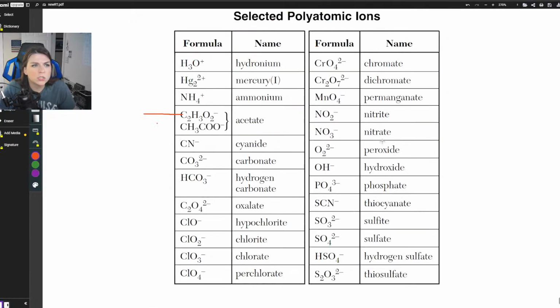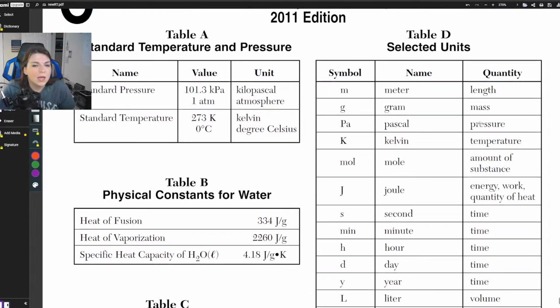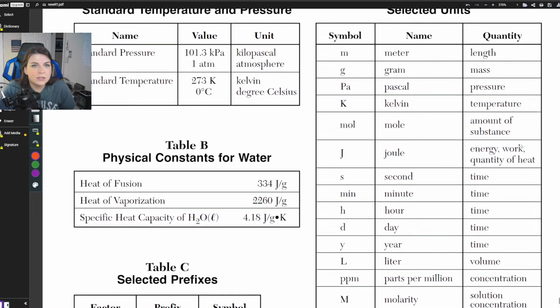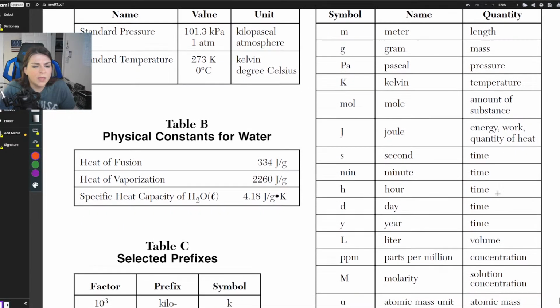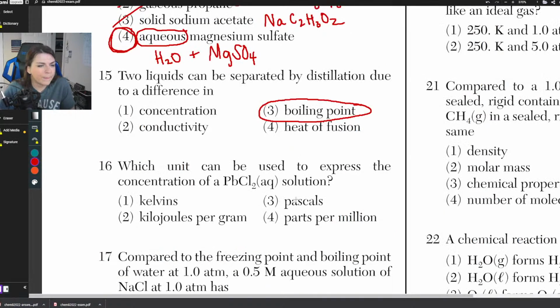This is what I want. If you didn't know, you would look it up and you would find one for concentration. And we're looking in the quantity section here. And parts per million and molarity each are going to describe concentration. So I would just use that. So the answer is parts per million.